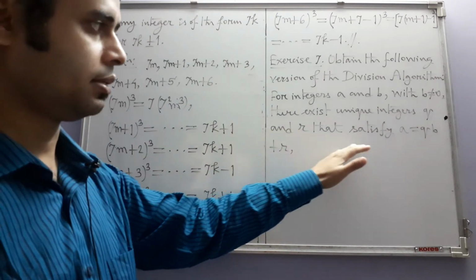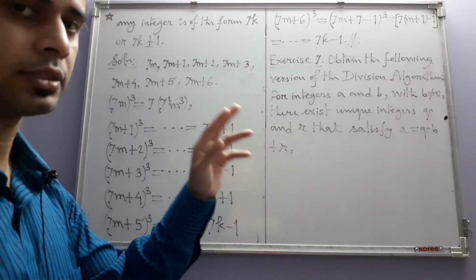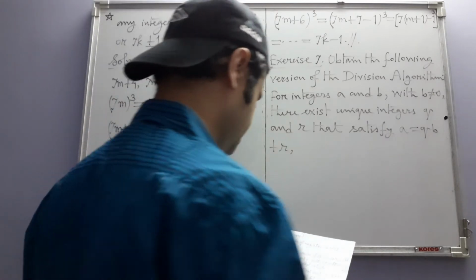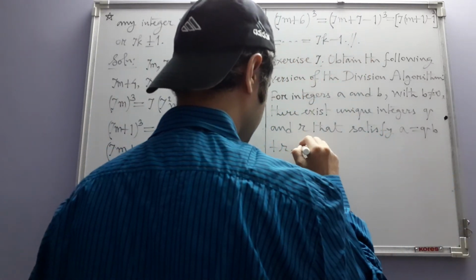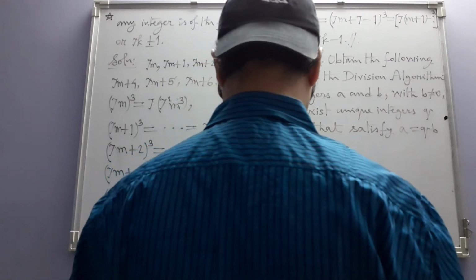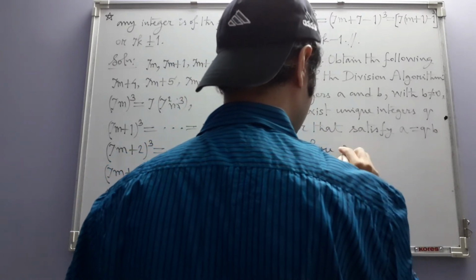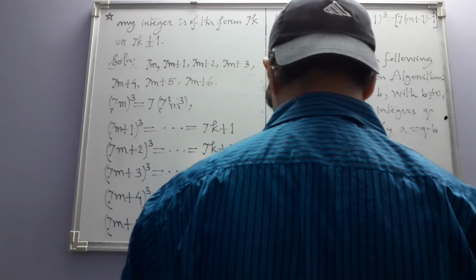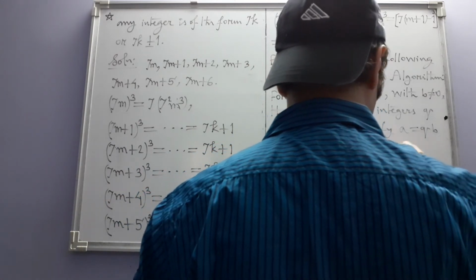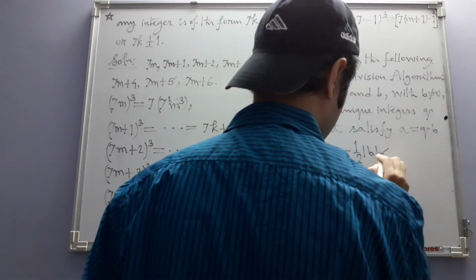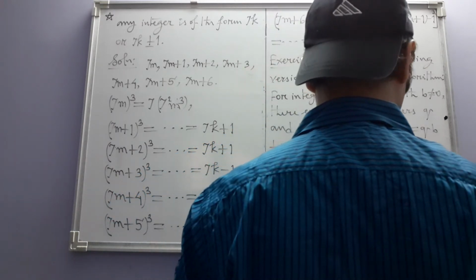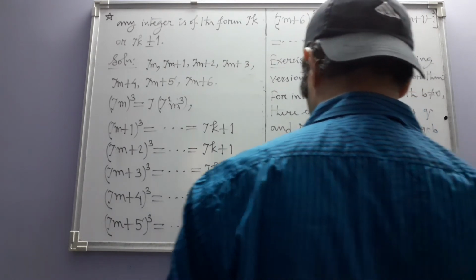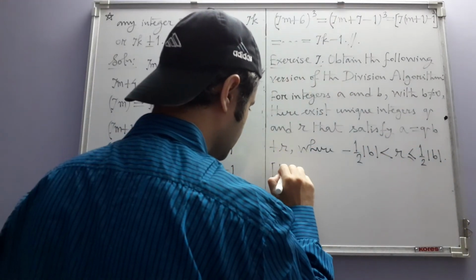The only difference is the inequalities that the supposed remainder is to follow, so those inequalities differ, where minus 1 over 2 times the absolute value of b is strictly less than r, okay, so this time here we have strict inequality, and r is less than or equal to 1/2 of absolute value of b, and a hint is given.